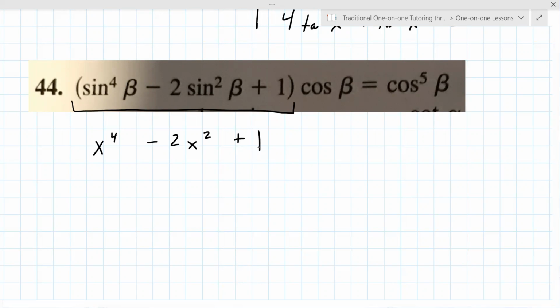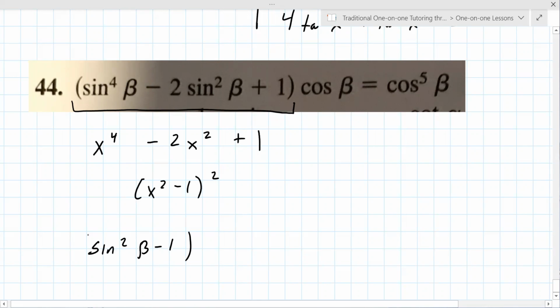Yeah, so if you don't see it with the signs, it is okay to write this and then be like, oh yeah, that's x squared minus 1 squared. You just have to remember what x is. X is that sine to the 4th, or sine beta. So this is sine squared beta minus 1 squared, because your x is really sine squared beta. Or sine beta, depending on how you do it.